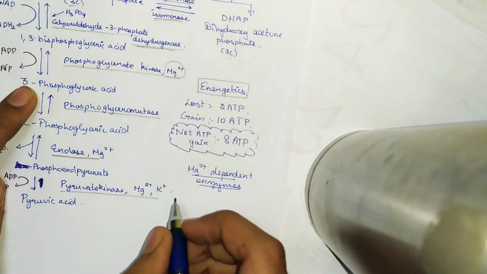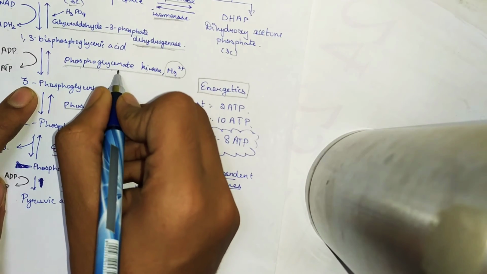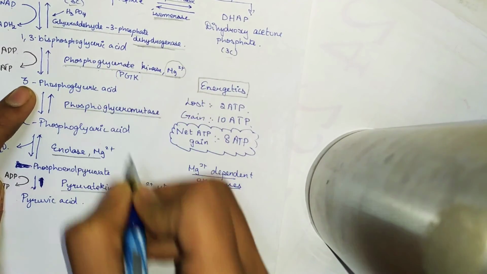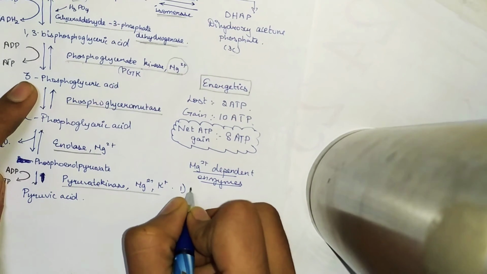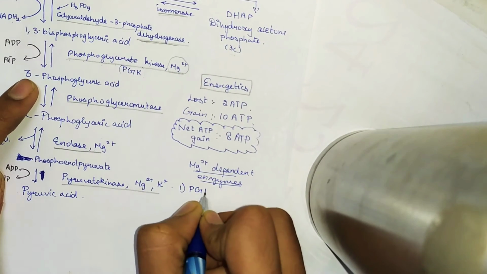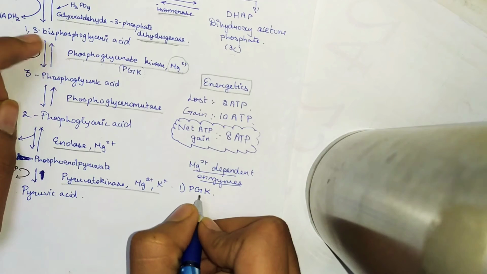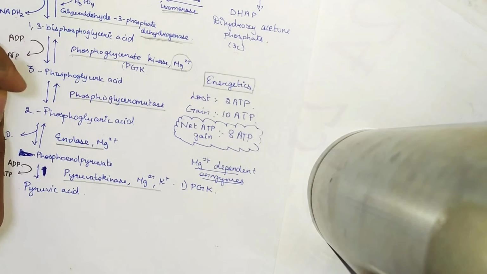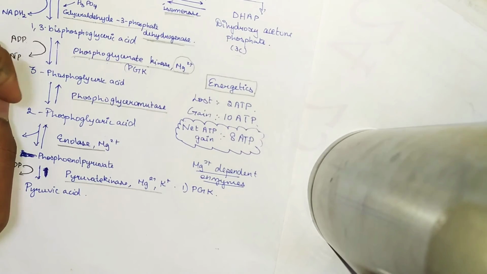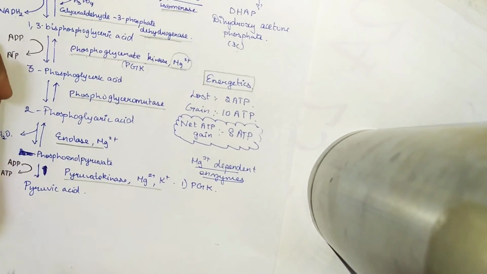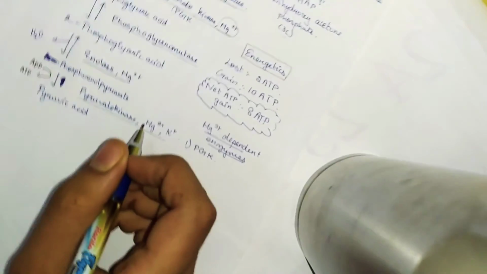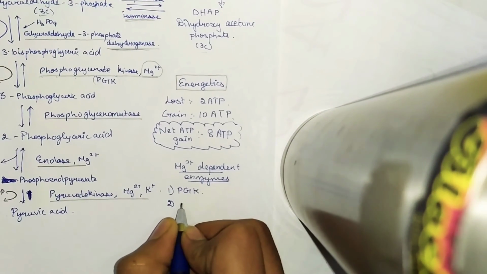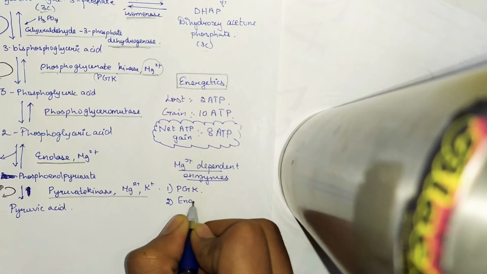First one is phosphoglycerate kinase, which is involved in the conversion of 1,3-bisphosphoglyceric acid to 3-phosphoglyceric acid. The second one is enolase, right?